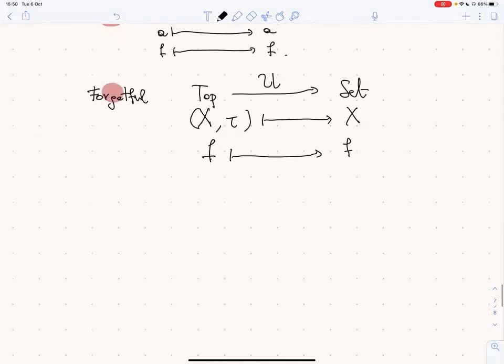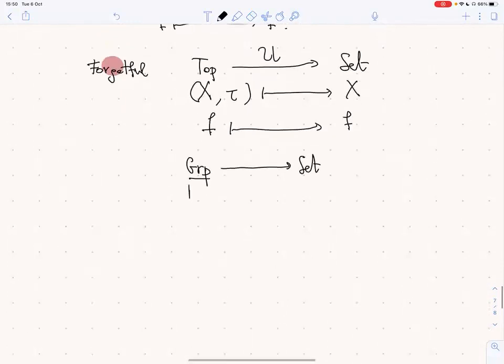So this is, as I said, a family of examples. We can do it also with groups, and we can do it with modules. What we are doing is always the same. We are forgetting the structure. So we map a group to its underlying set. We map the module to its underlying set.